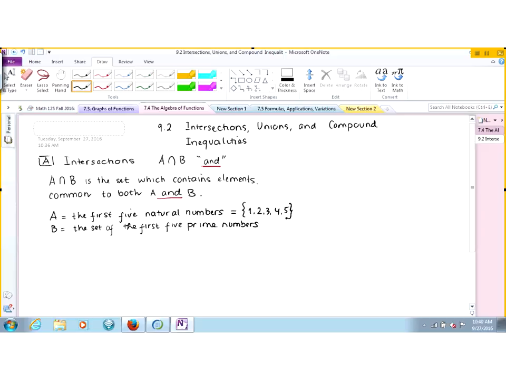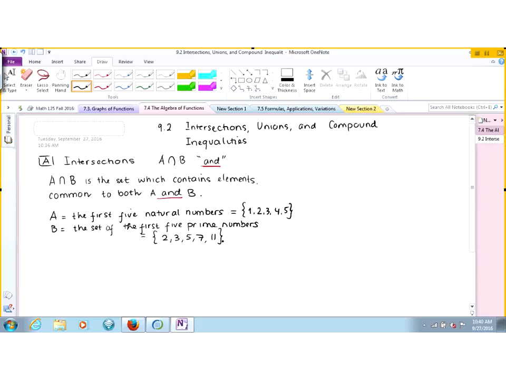Counting numbers, right? Okay, what about prime numbers? Give me the first 5 prime numbers. 4 is prime? 2 is prime, right? Okay, so 1 is not prime. So it starts with 2. 2, 3, 5, 7, how about 9?